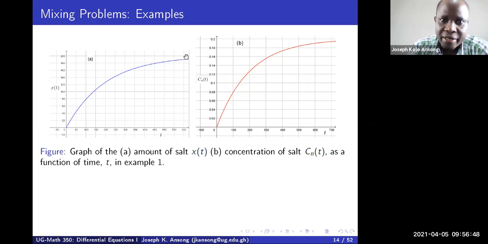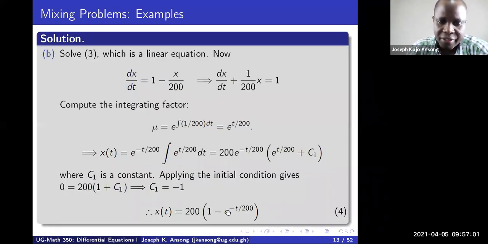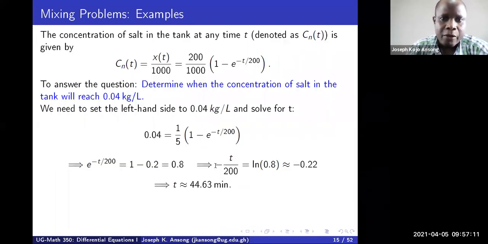Here I just truncated it, right? It keeps increasing. Now, we'll see which number it approaches as t goes to infinity after a long time. Okay, good. So this is just a plot of this. The question didn't ask for the plot, but I just plotted it because it makes sense intuitively. Okay, good.